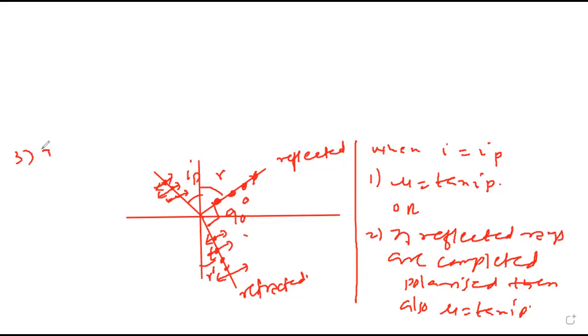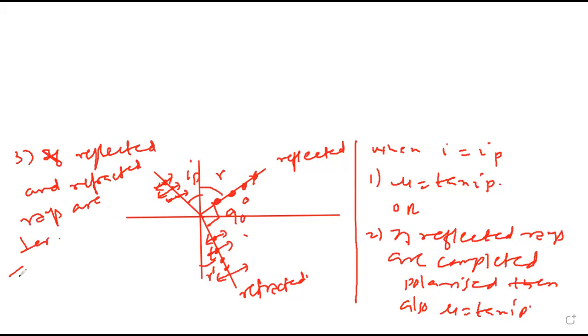Third, if reflected and refracted rays are perpendicular, then also mu is tan IP.